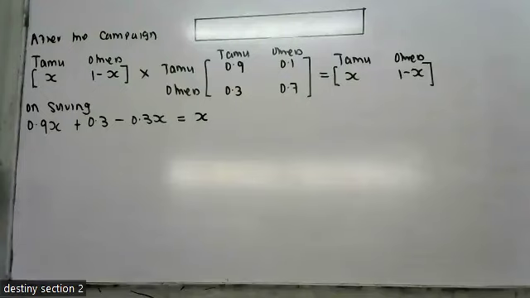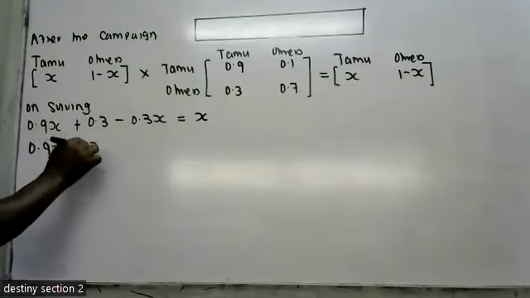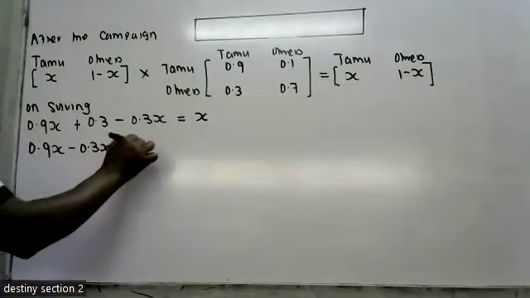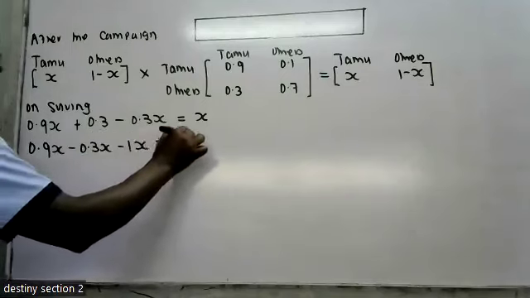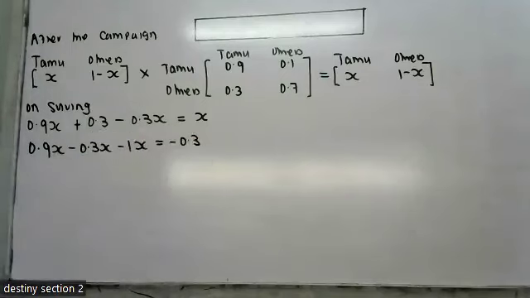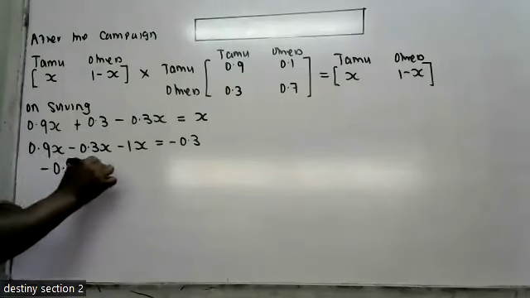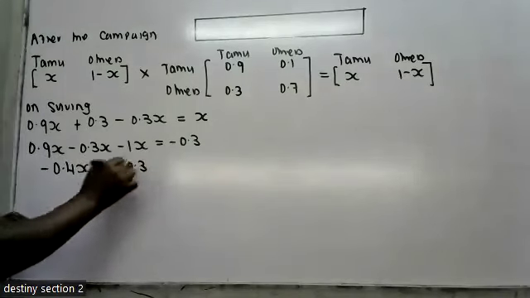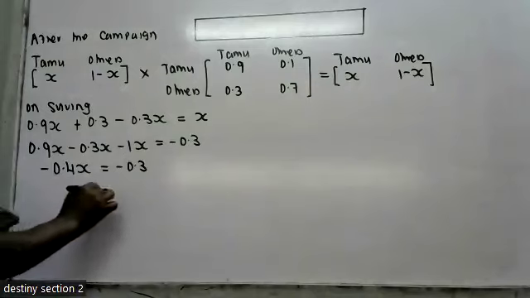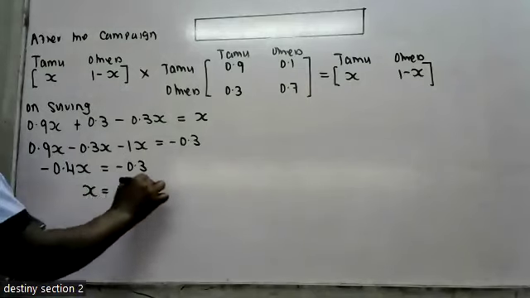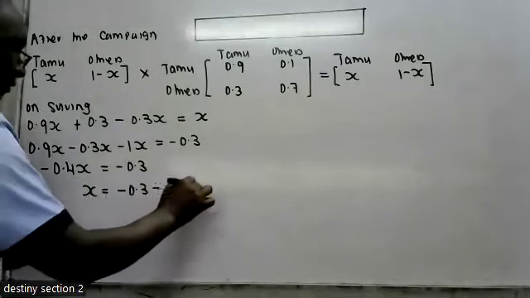So putting items together, I'm going to have 0.9x minus 0.3x minus 1x is equals to minus 0.3. So when I say 0.9 minus 0.3 minus 1, I get again minus 0.4x as minus 0.3. So x will be minus 0.3, you divide by minus 0.4.